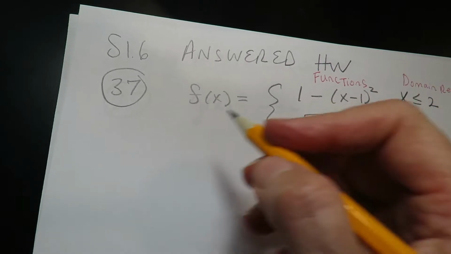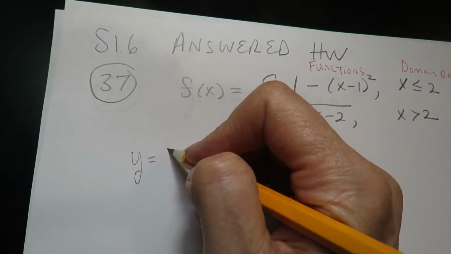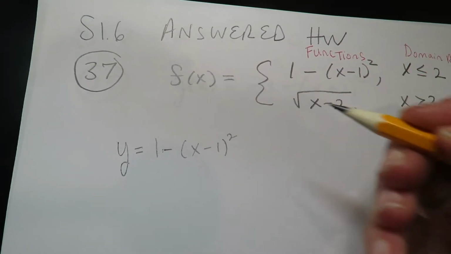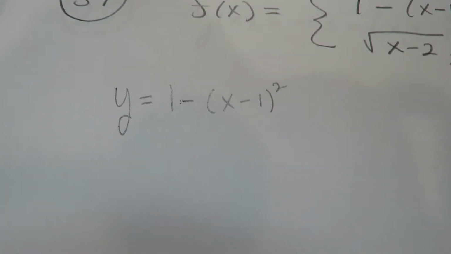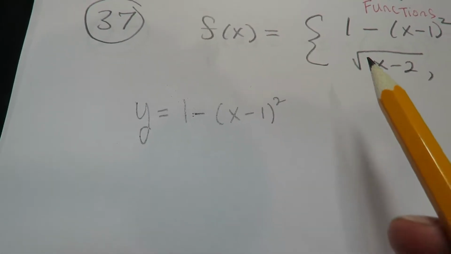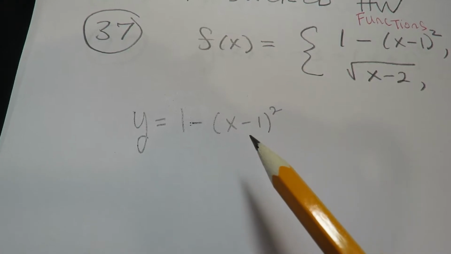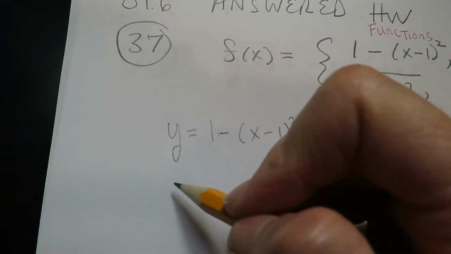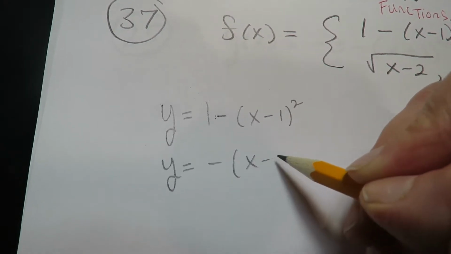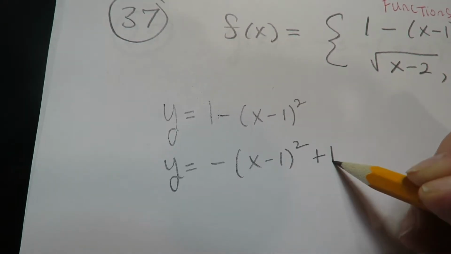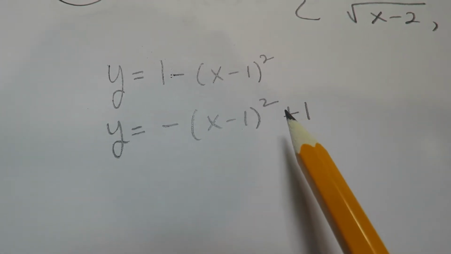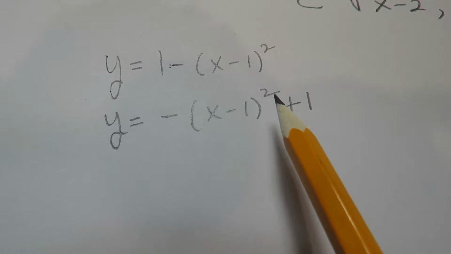Alright, so let me start with the first function. I'm going to draw the functions individually, and then I'll put together the final answer. Alright, so this is the first function they're using in this piecewise graph. I'm just going to rewrite this because this might be confusing to some people, the way this is formatted. So right away you should know, since it's an x squared, that it's a parabola.